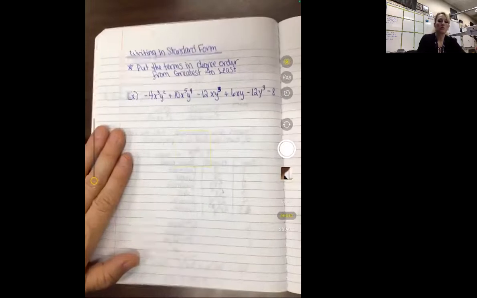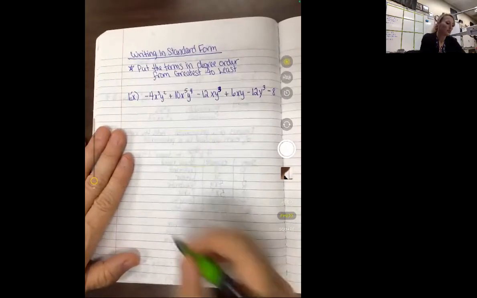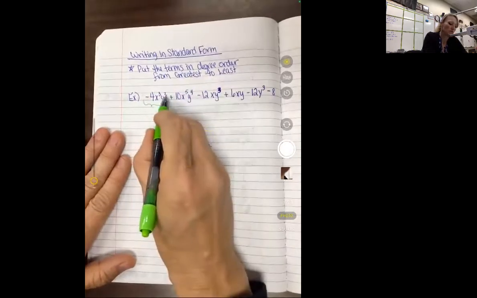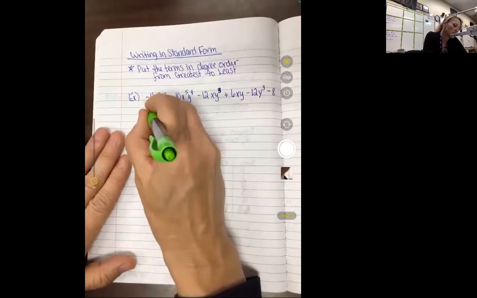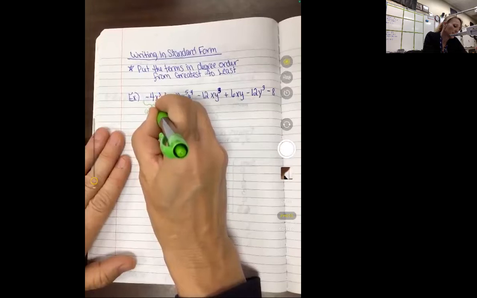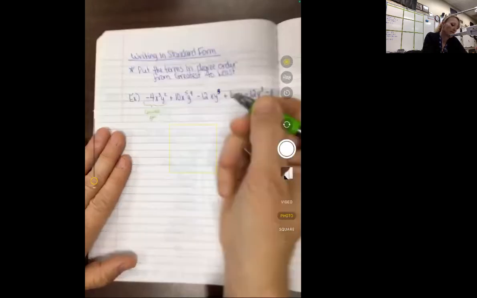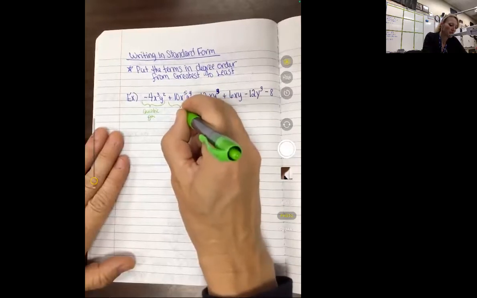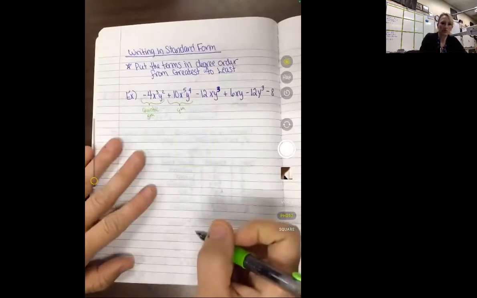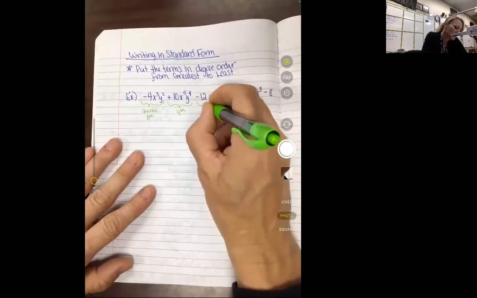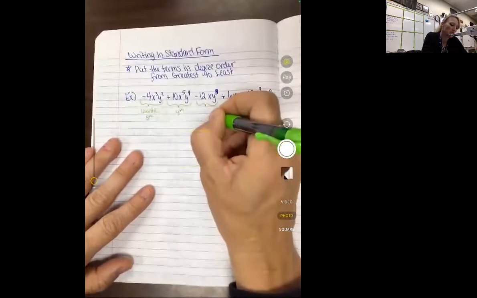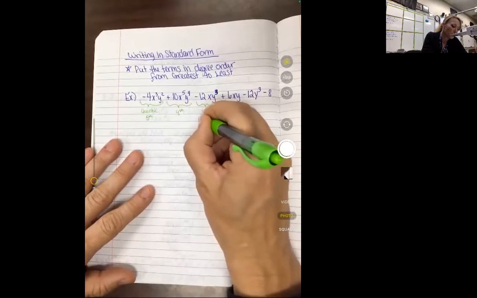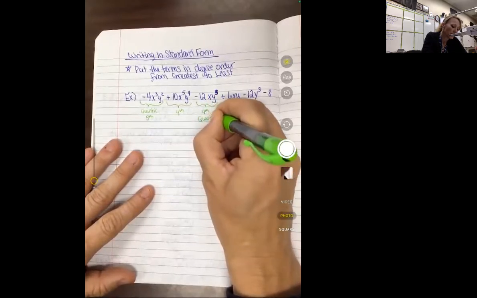So we're going to go through and find the degree of each term. The degree of this term would be 3 plus 2, which is 5. So this is the quintic degree. And then the next one would be 5 plus 7, which is to the 9th degree. That one doesn't have a special name. This one would be 1 plus 3, which is 4, so this would be a quartic degree.